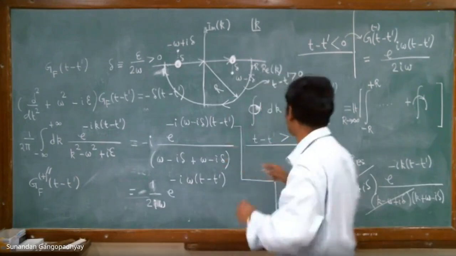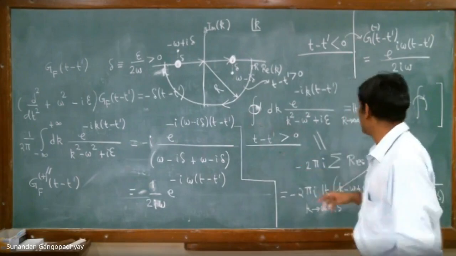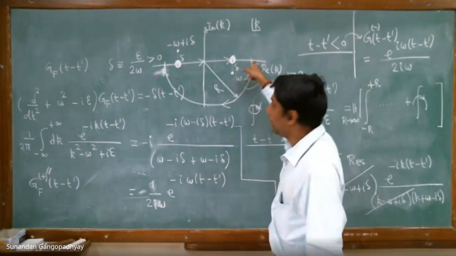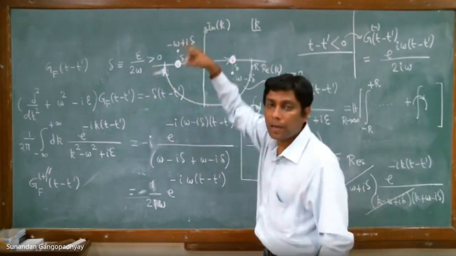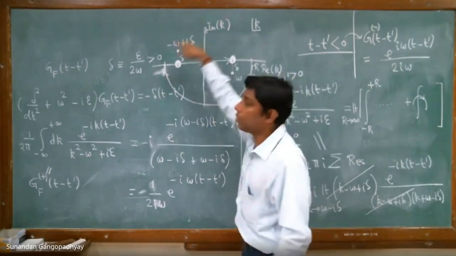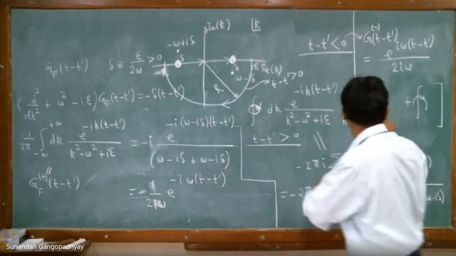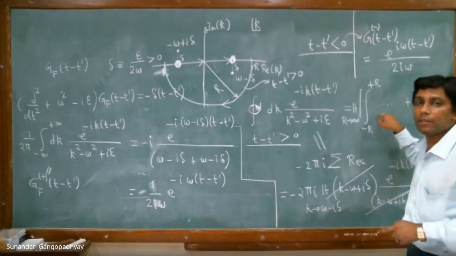The contour integral, this for t minus t prime greater than 0, is basically equal to this along the real line plus something. Now where to close it, upper or lower? If I close it on upper side, that contribution will diverge. So you will never get the value of this integral that you are after.